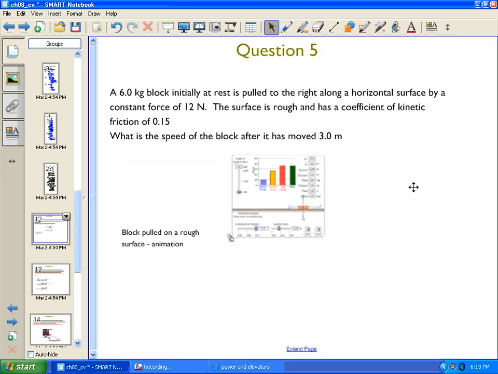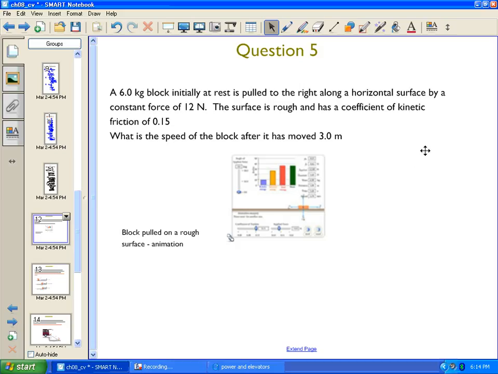block which is initially at rest is pulled to the right along a horizontal surface by a constant force of 12 newtons. The surface is rough and has a coefficient of kinetic friction, which is equal to 0.15. What is the speed of the block after it has moved 3 meters?